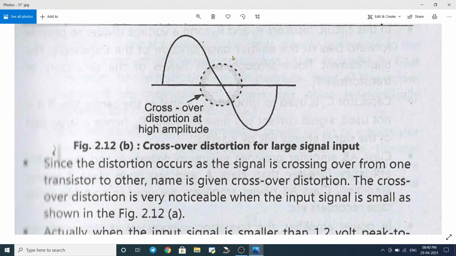And we see that the crossover distortion is relatively less for a large input signal, and it is very noticeable when the input signal is small because the PN junction of the transistor will not be forward biased immediately by the small signal.